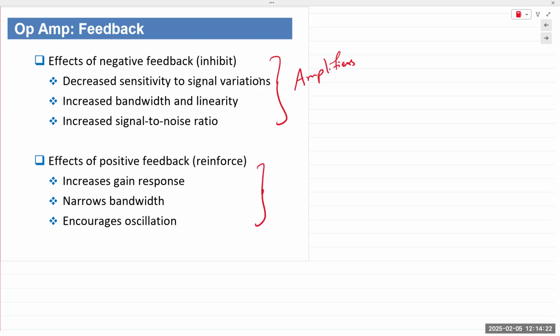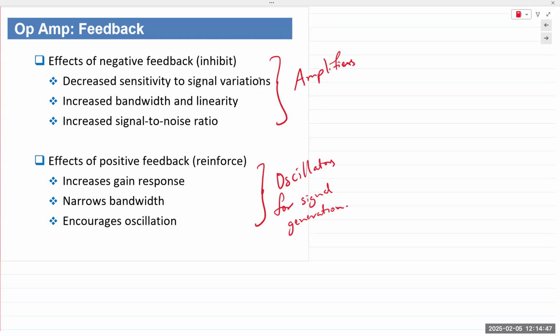Positive feedback encourages oscillation, and so it is used in oscillator circuits for signal generation.